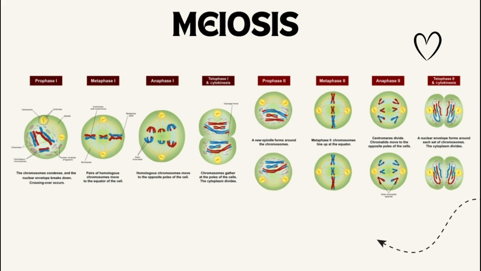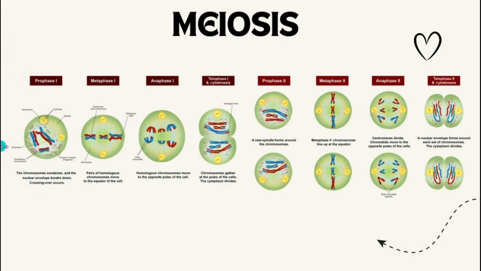So at the end of the day, we have 46 chromosomes in total, and 23 chromosomes from each parent. 23 and 23 make 46.